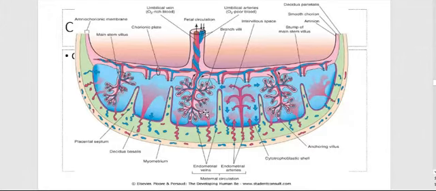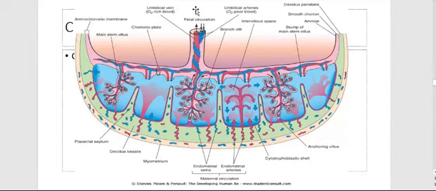Blood is trickling into the intervillous spaces, and after consumption and exchange, nutrients will diffuse into the blood vessels of the fetus and then into these chorionic blood vessels, and from there into the left umbilical vein, and then into the embryo.